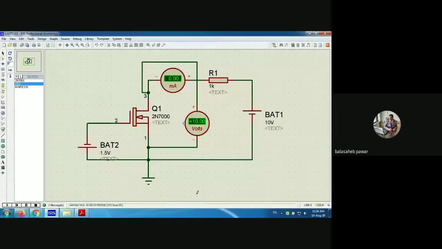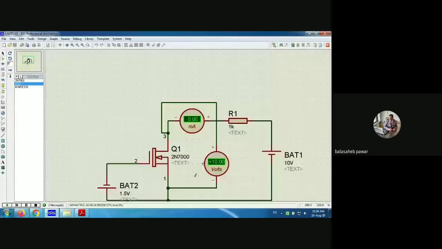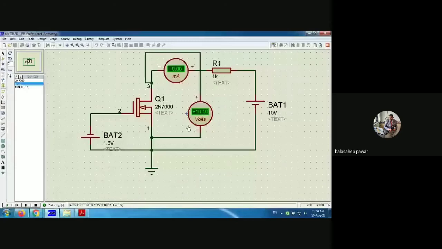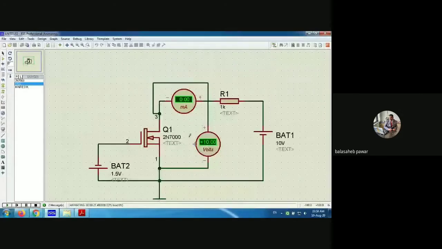But if the applied VGS is negative, that means negative to the gate terminal and positive to the source, as I already told, the channel will not form even if VGS is sufficiently large, and that's why there will be no flow of current, and you are observing the same thing: the current remains 0 milliampere. Is it okay? So in this case, even if you change the value of this input voltage somewhat above 1.5, still that ID will remain 0. This device will not conduct.